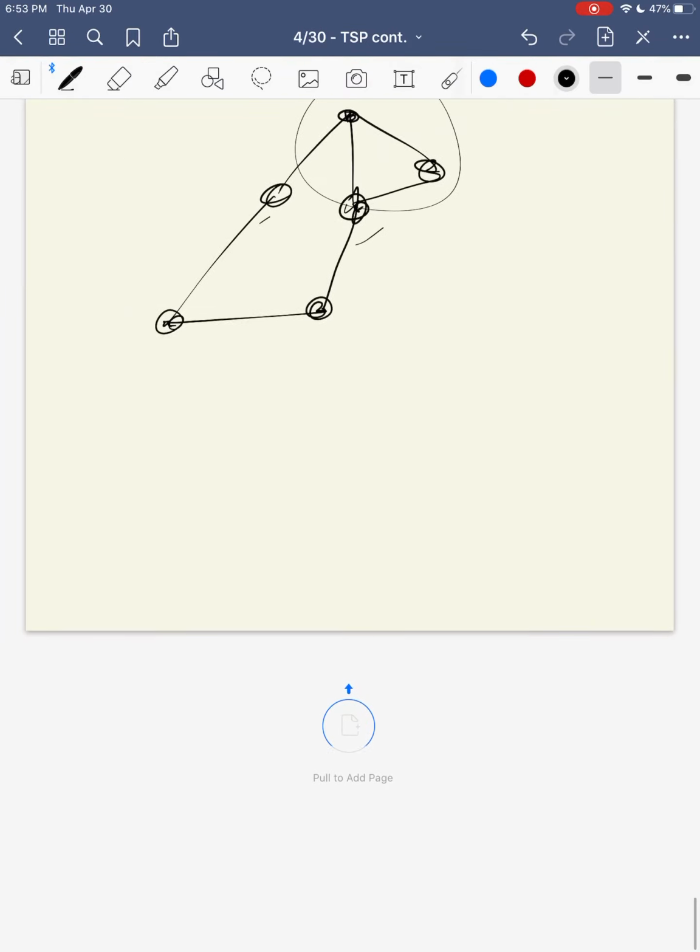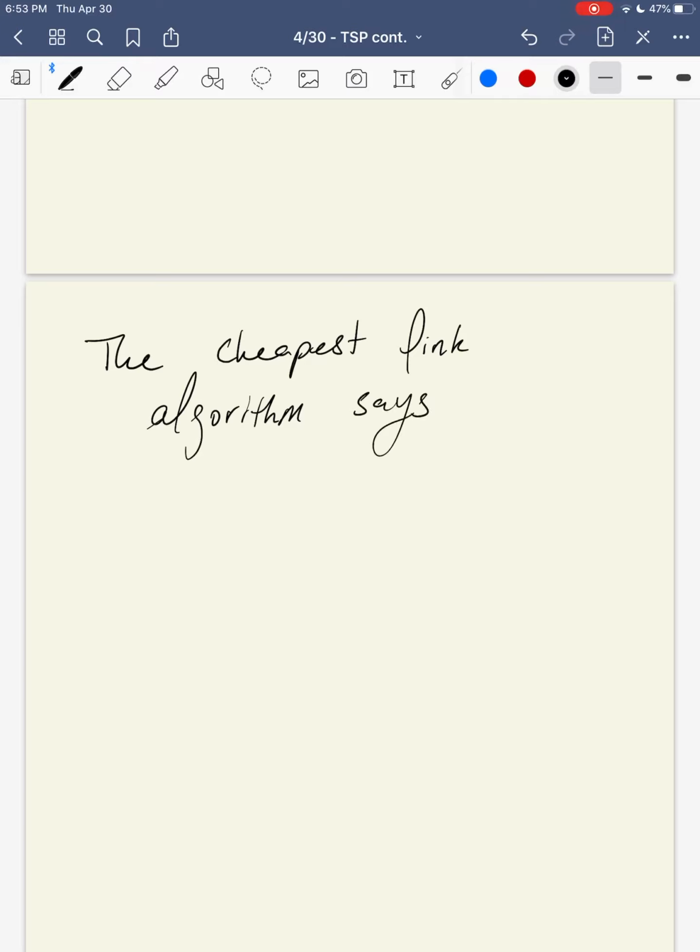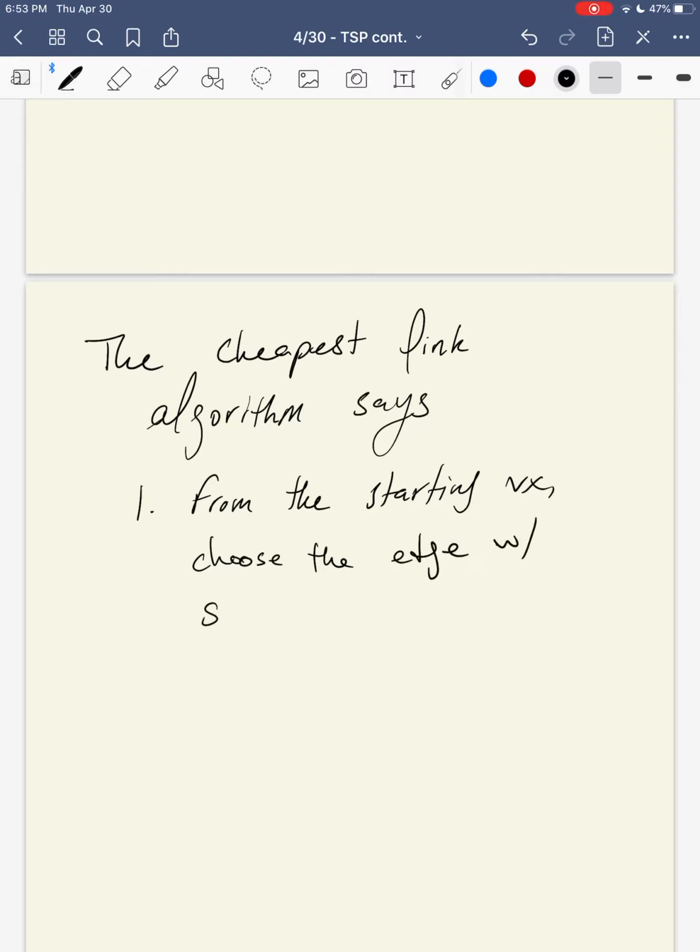So now we can do the cheapest link algorithm. It says: 1, from the starting vertex, choose the edge of least weight, smallest weight, or cost.